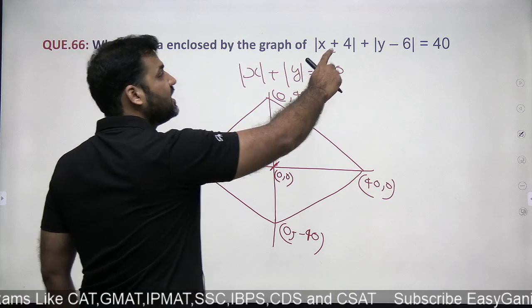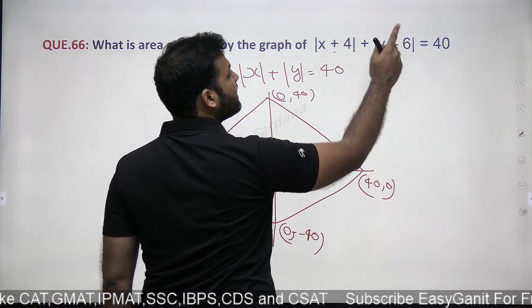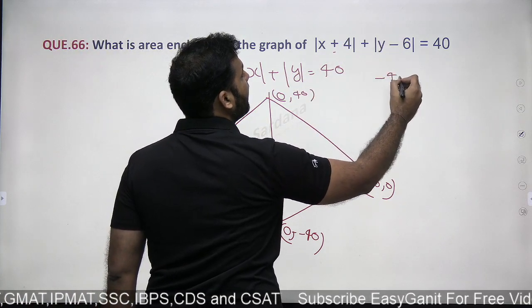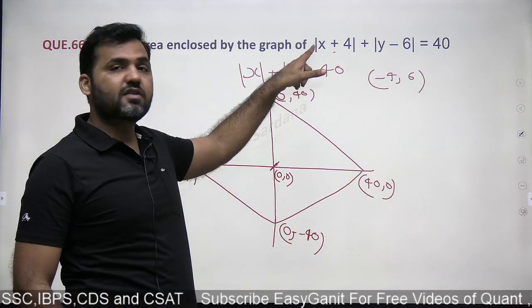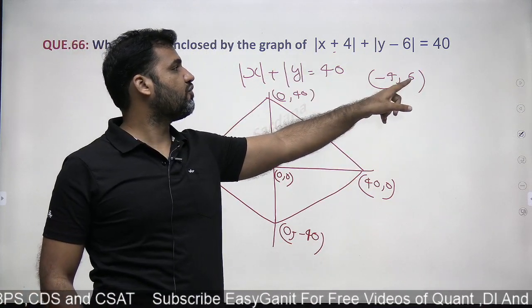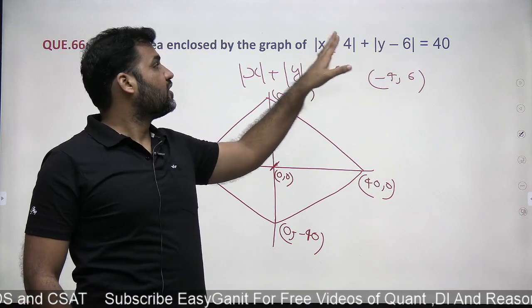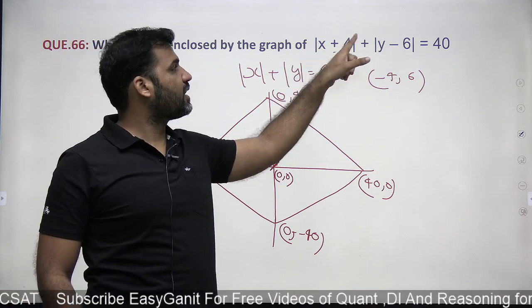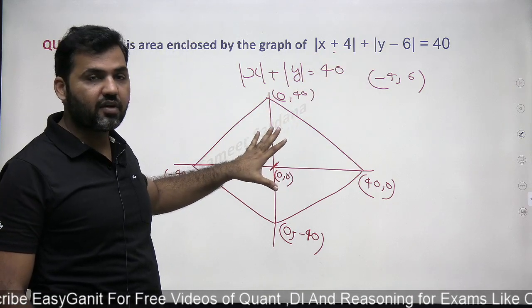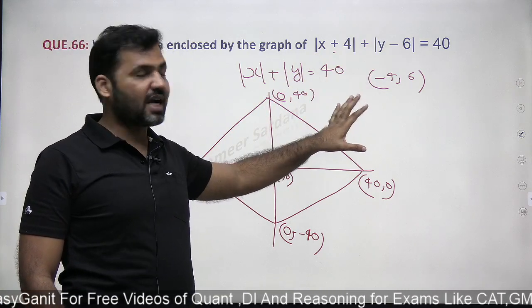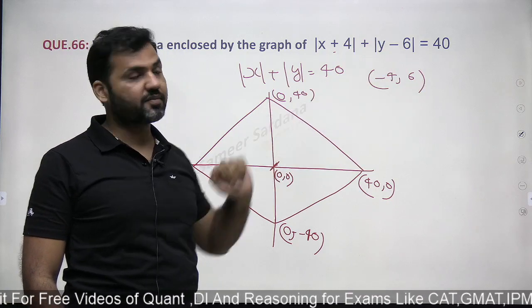So here, the significance of plus 4 and minus 6 is nothing but the origin of it, (−4, 6). That means if I put x as −4, this will become 0, and if I put y as 6, this will become 0. So |x + 4| + |y − 6| is nothing but the same sized graph, but with a different origin, and that origin would be (−4, 6).